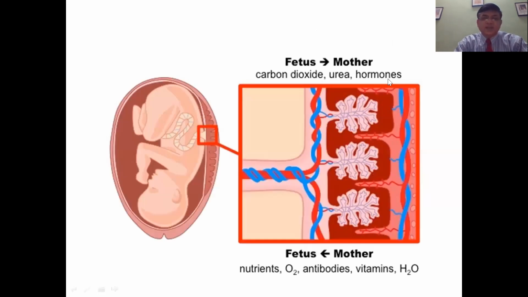Once the placenta develops, what does it do? You can see the two umbilical arteries which coil around the umbilical vein. So you can see two umbilical arteries here and one umbilical vein, and they branch here. They go through these villi. These villi are submerged into the intervillous space, and this is the maternal side.